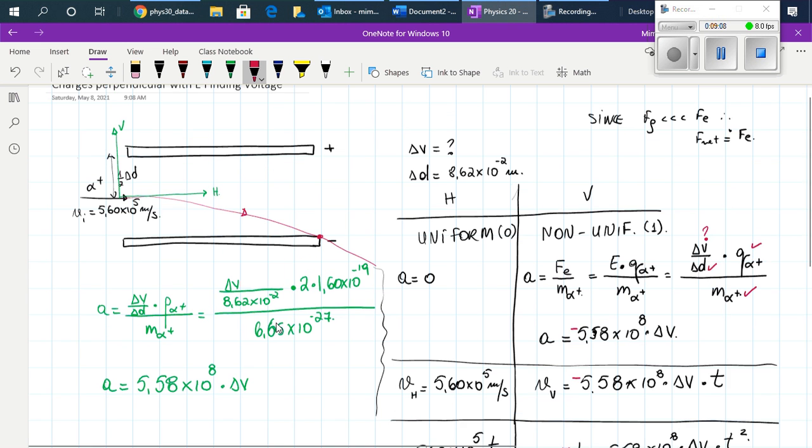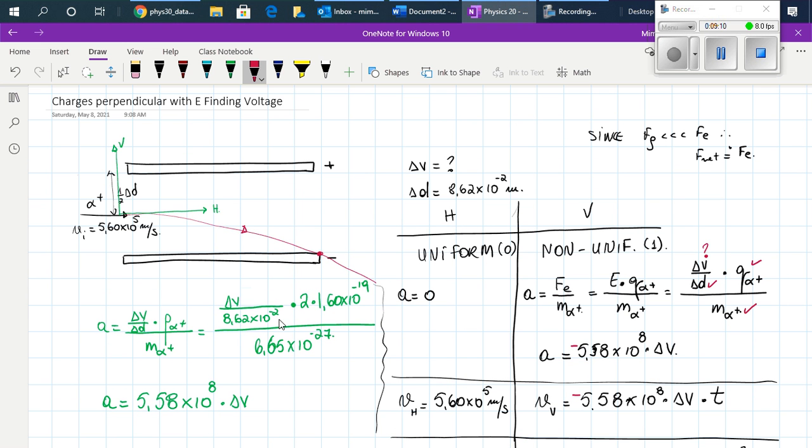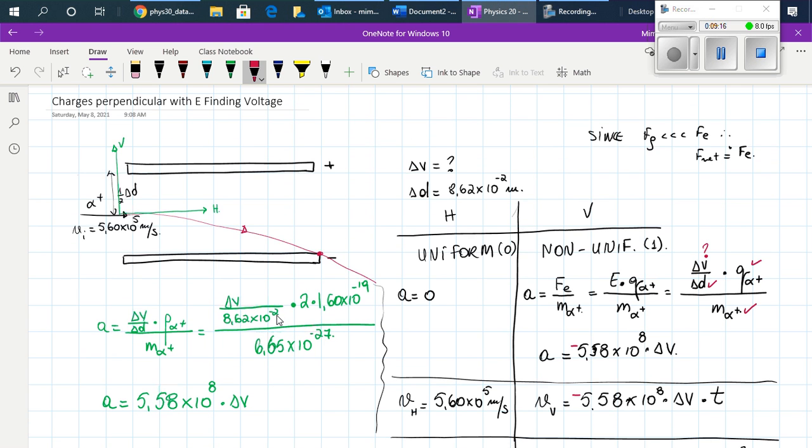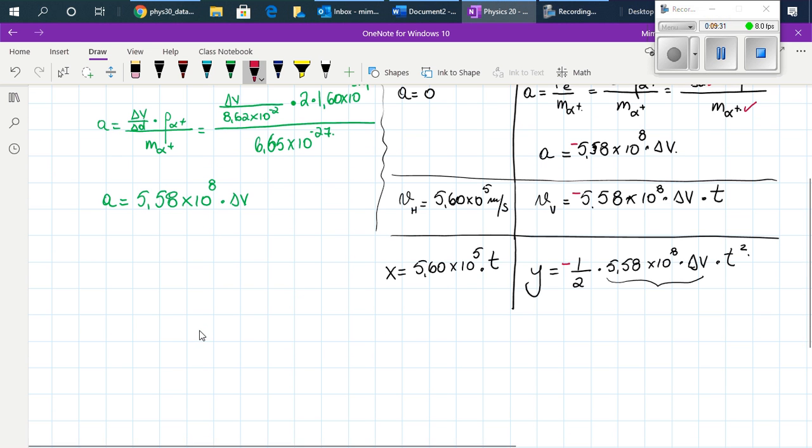Okay, so now let's add the hidden information that is in the question. Let's say the plates are 15, I forgot to enter this information. So let's say that the plates are 15 centimeters wide. And let's add the information now.